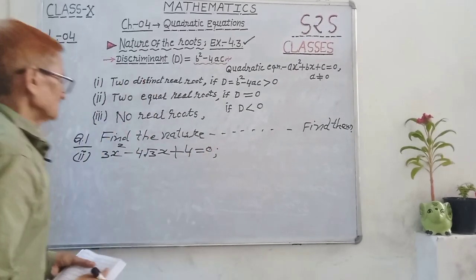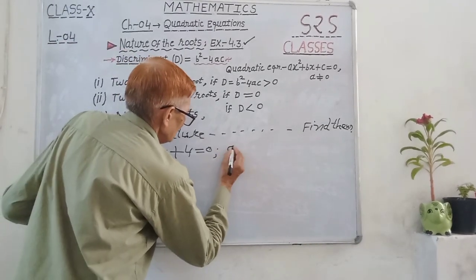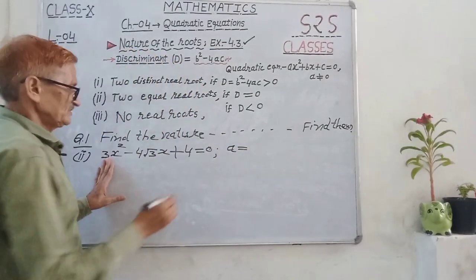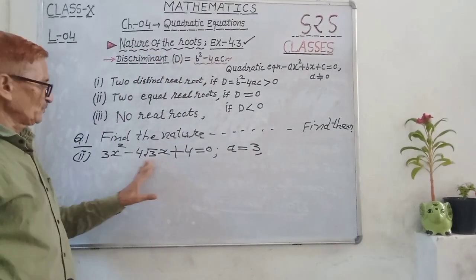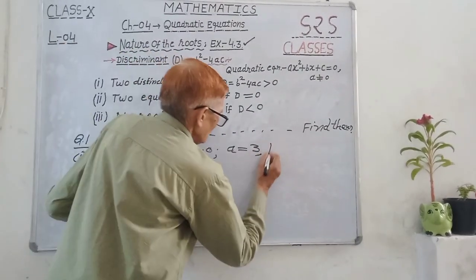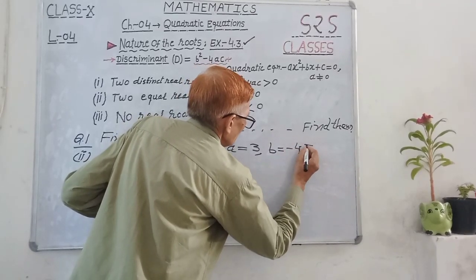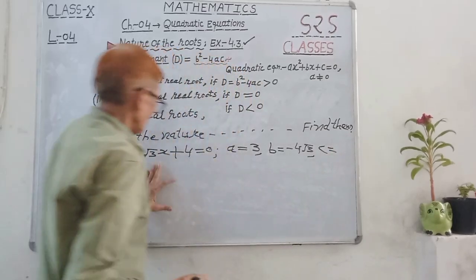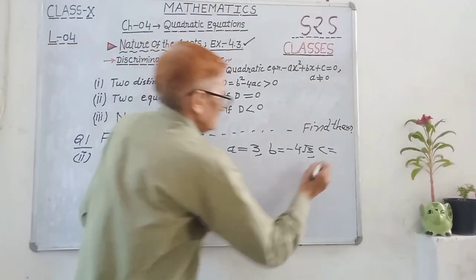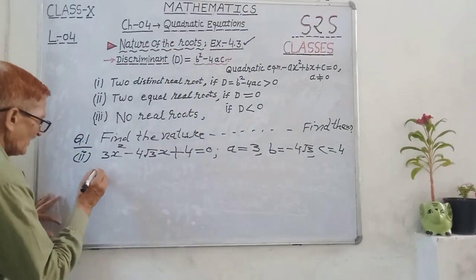Yes, this. Now here compare: a is equal to 3. What is the value of b? The coefficient of x, minus 4 root 3. What is the value of c? The constant term, plus 4. So now using this, find.